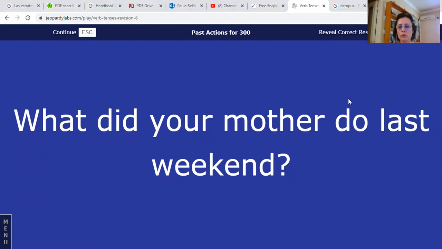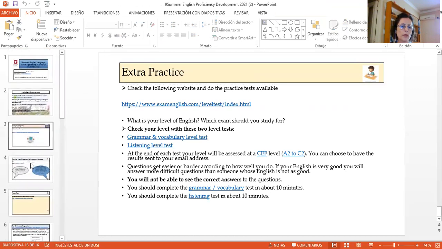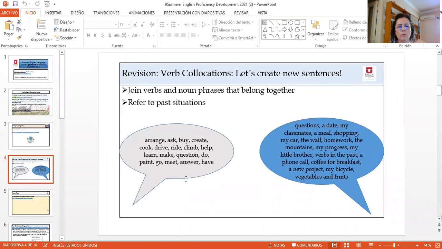Remember, this do is general. You look for the correct verb you need. Which verb can you use? Look at the verbs. If you check in the PowerPoint, you have some verbs to help you. For example, here, what did your mother do last weekend?